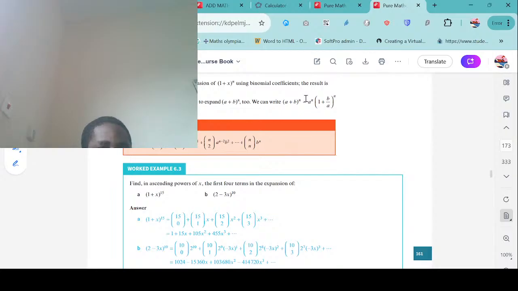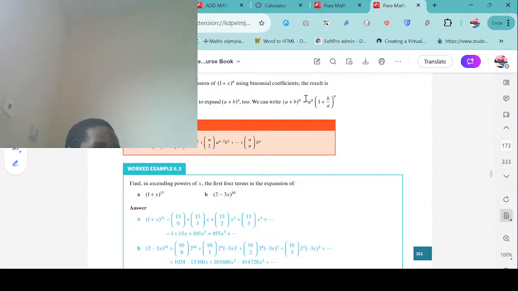Ascending, not descending. You swap. You'll be having x plus 1 raised to 15.